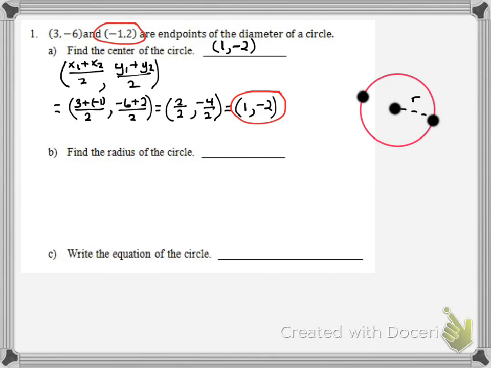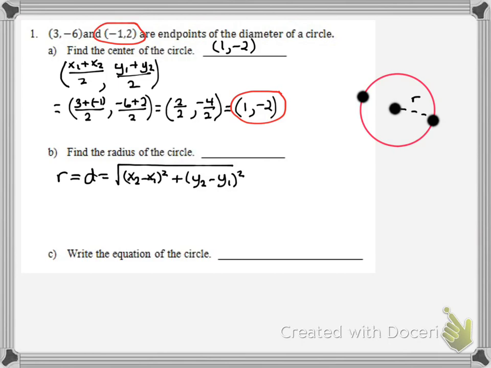Now, of course, it's going to be a distance. So for the radius, we're going to use the distance formula. The distance formula tells me to take the square root of the difference in the x's squared, plus the difference in the y's, and that also gets squared.